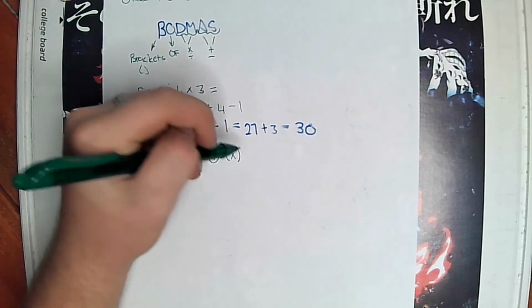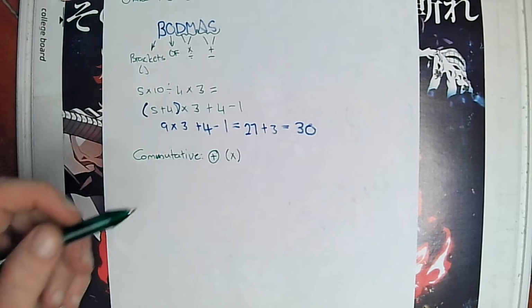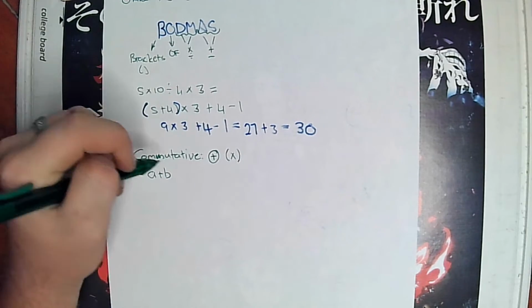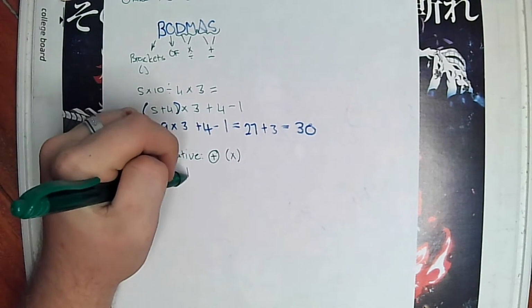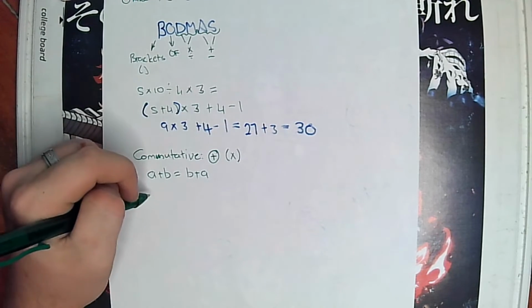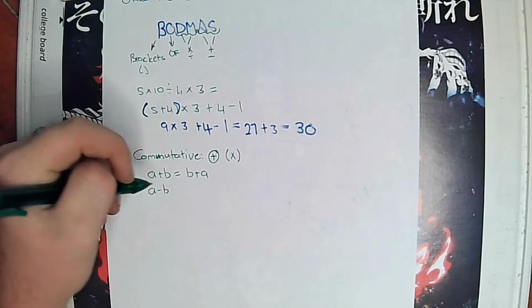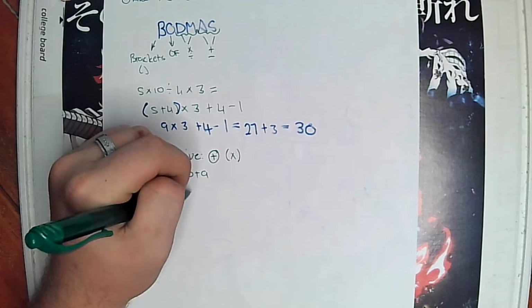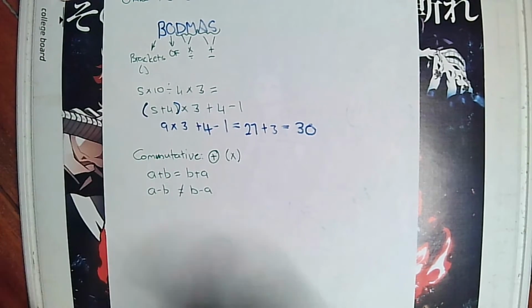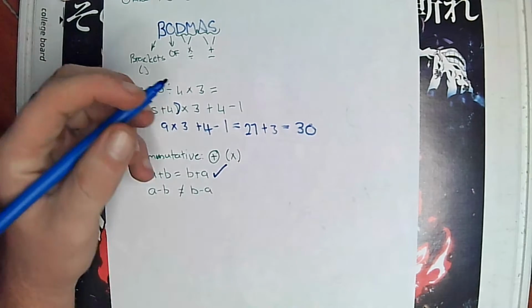So what this means is that if I have something like A plus B, it is equal to B plus A. But when I subtract, I can't say that A minus B is equal to B minus A, because this is not true. It is not equal to one another. So that's why I say it applies for addition, not subtraction.